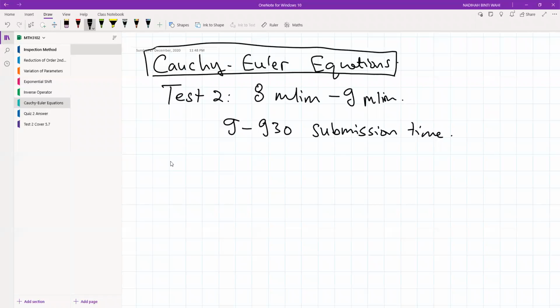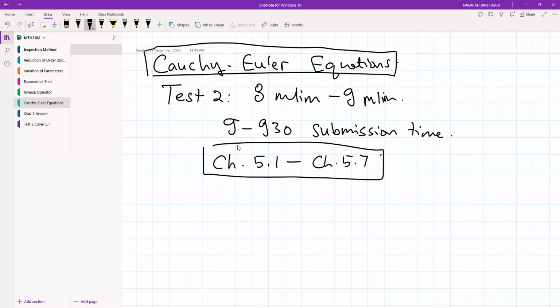Dia punya masuk chapter 5.1 until 5.7. Sebab saya tak boleh masukkan Cauchy-Euler, sebab ada kumpulan yang tak sempat, kita pun tak sempat nak buat hari ni sebenarnya, 5.8. So sebab tu kita buat sampai 5.1 which is inverse operator.